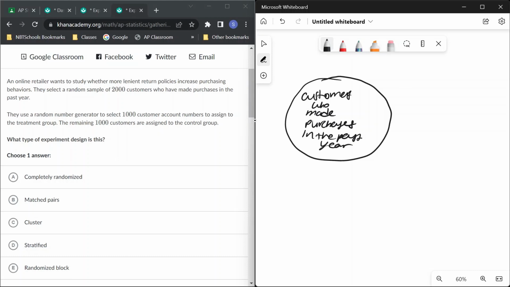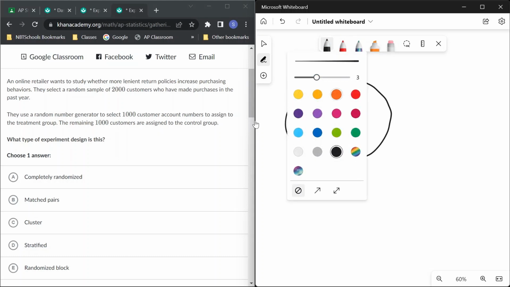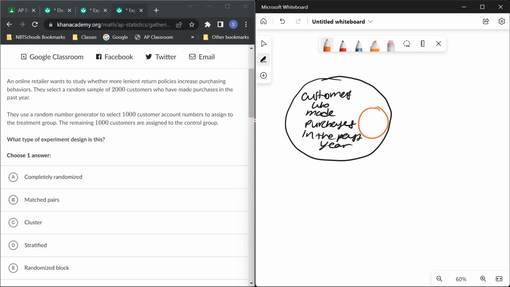And out of that pool, they take an SRS, a simple random sample. They select a random sample of 2,000, and then they have 2,000 customers who made purchases in the past year.